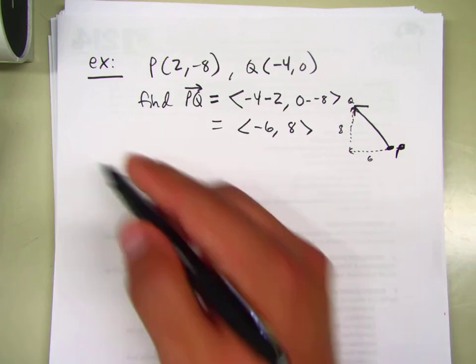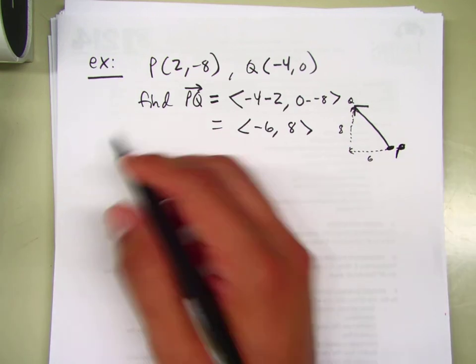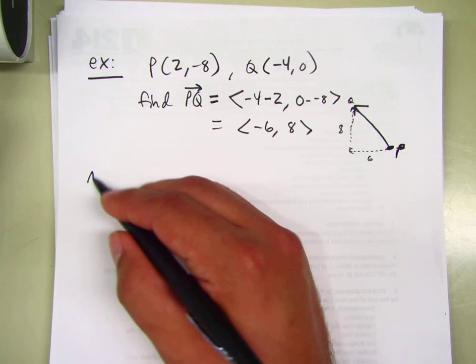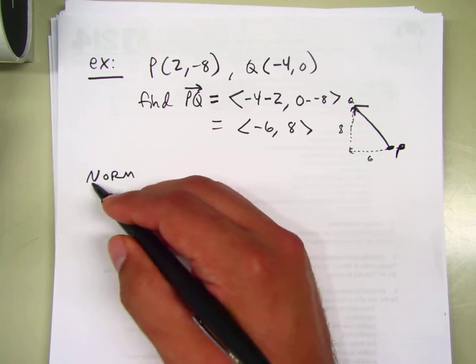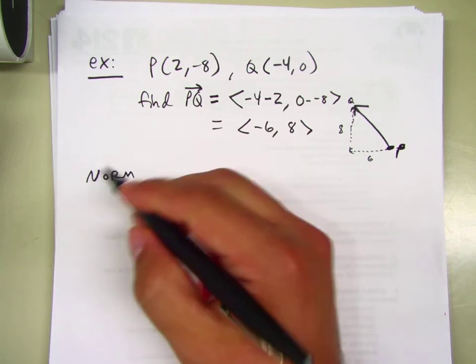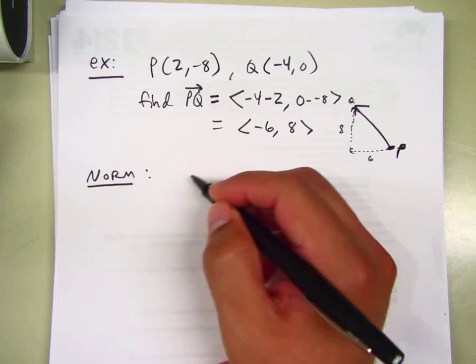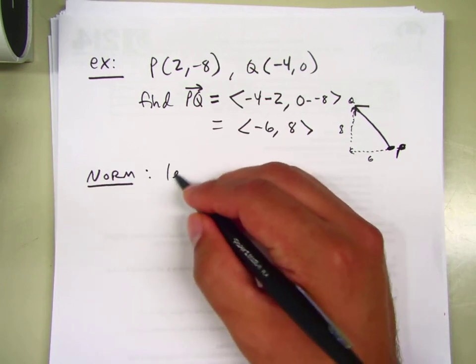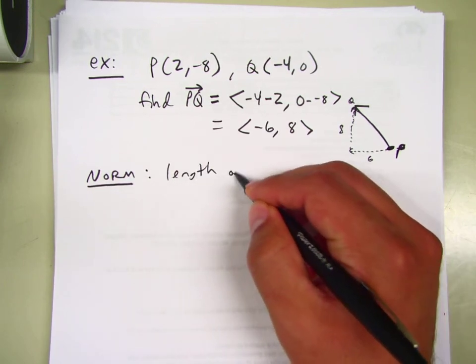So now, one more thing to add. We talked about what a norm is yesterday. We know that that's just another way of saying the length or magnitude.